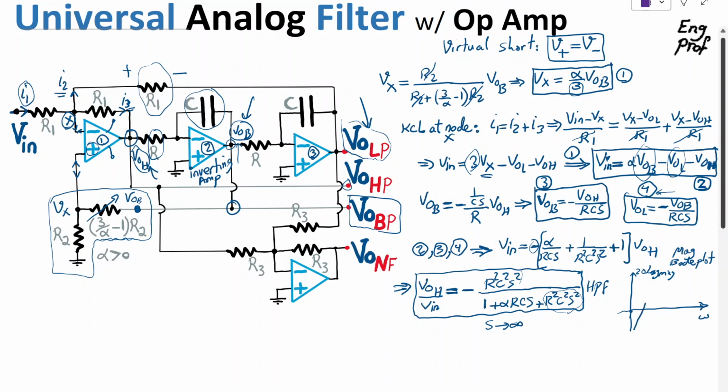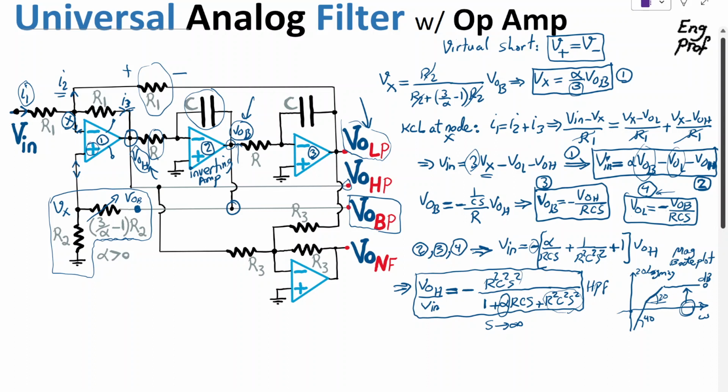And the moment you hit the poles, if there is a first pole, depending on the value of alpha, that is non-zero in this design, then you start seeing first hitting one pole, and you go from 40 dB per decade increase down to 20 dB per decade increase, and finally when you hit the last pole, it goes flat. So at super high or high enough frequency, the gain is flat, approaching 1 or 0 dB.